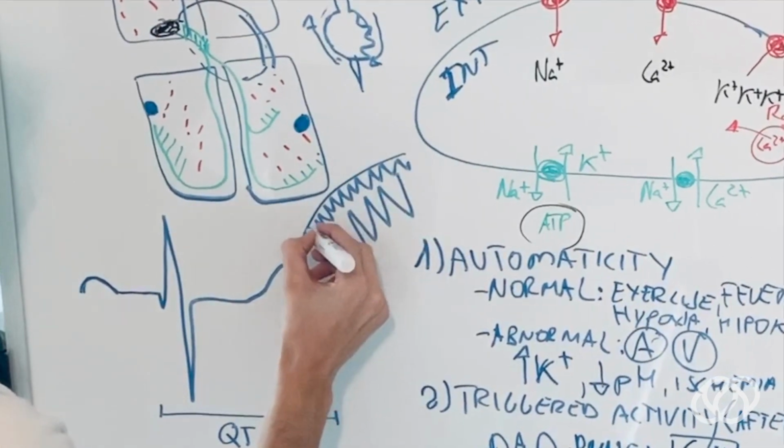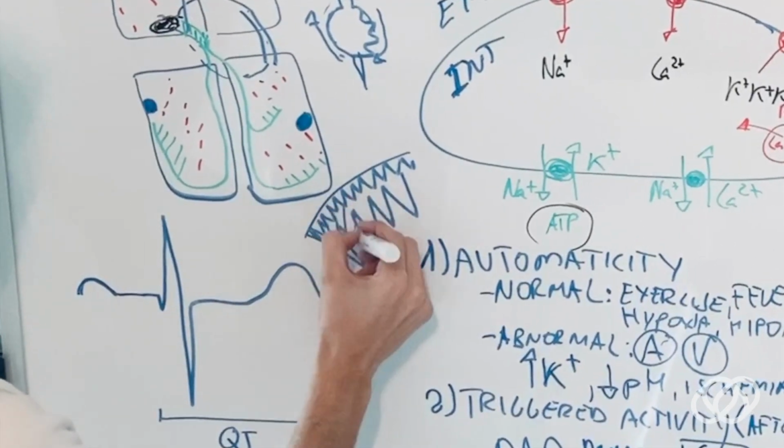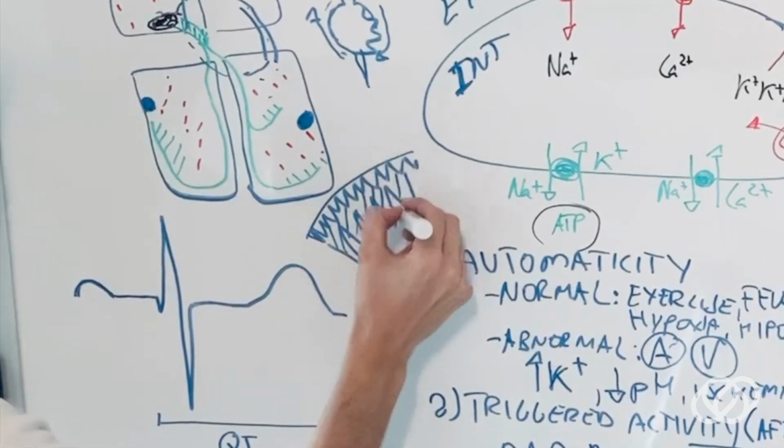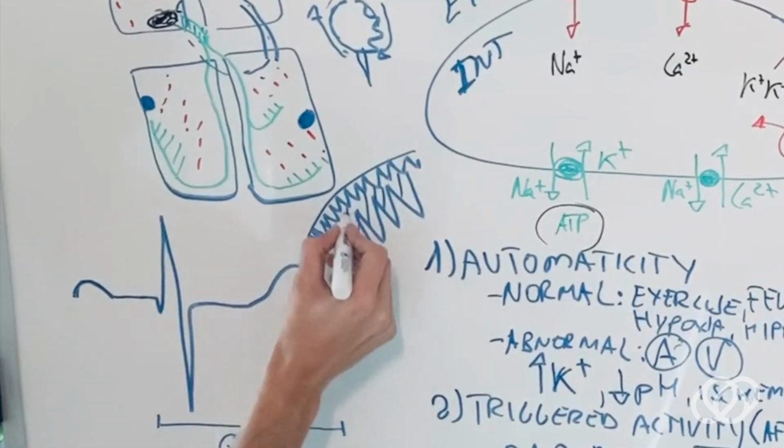So there is a gradient, and a functional re-entry may happen between them.